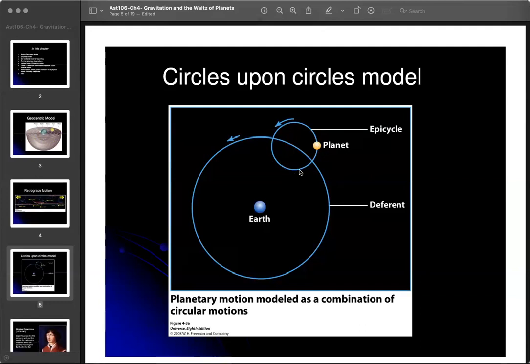Okay, and when this happens, the rate at which the planet moves on the epicycle is faster than how fast the center of the epicycle is moving.